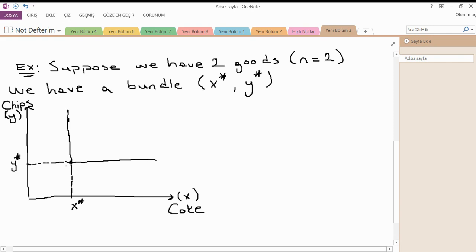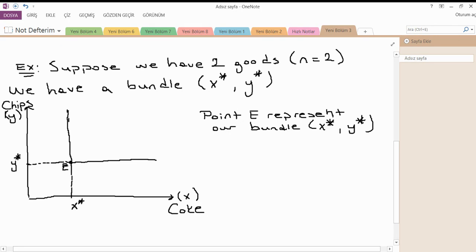Let's say it's not B, but let's say it E. This is point E. Point E represents our bundle, our bundle of X star, Y star.